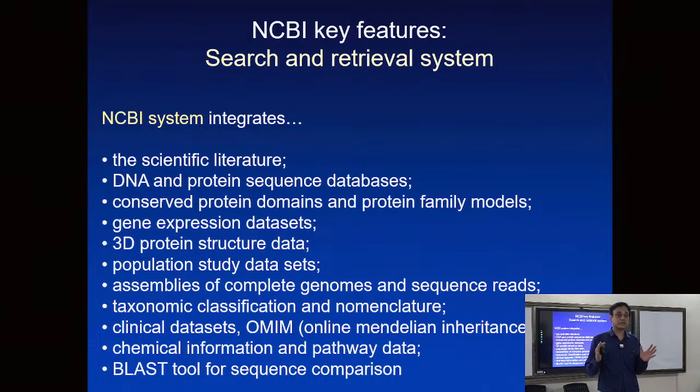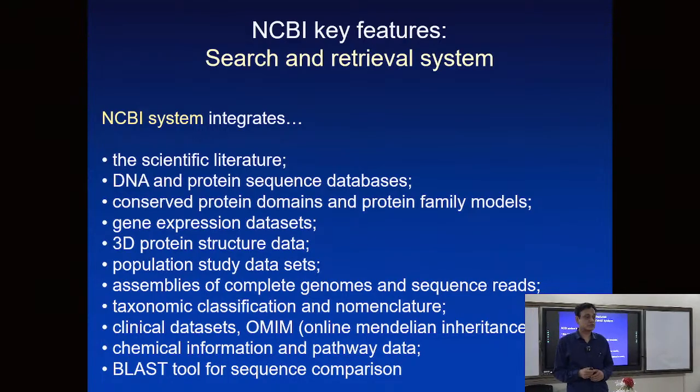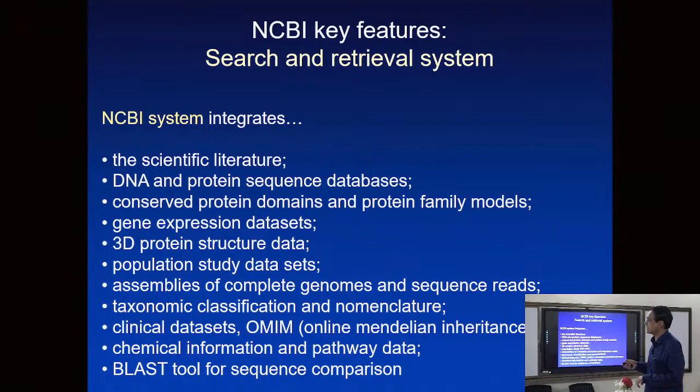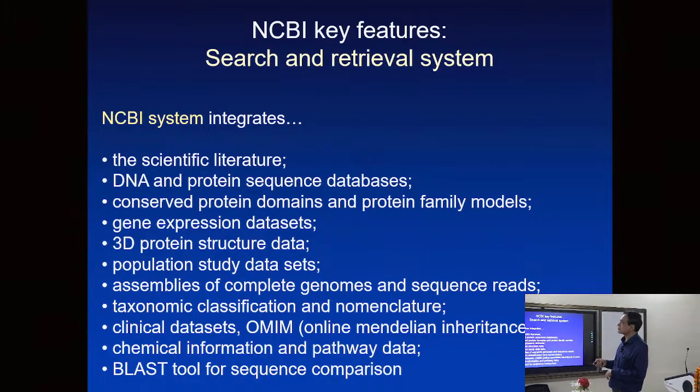So what those regions are, what those domains are in different proteins, as well as the protein families. As you know, genes and proteins come in families, so you would want to identify different gene or protein families. That information is also there at NCBI.